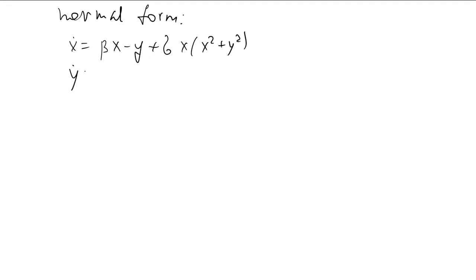So normal form. If the non-degeneracy condition is satisfied, then we can reduce our system to the normal form, which looks like this: x dot equals beta x minus y plus sigma times x times (x squared plus y squared), and y dot equals x plus beta y plus sigma times y times (x squared plus y squared).